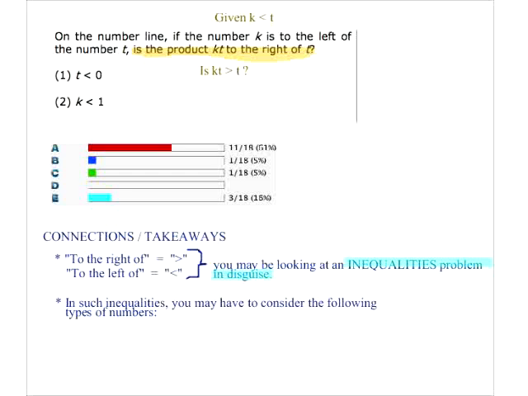Positive, negative, 0 pretty much all the time. 3 signs. Remember, there are not 2 signs, there are 3 signs. And you might have to think about fractions. Quote unquote fraction. I mean, any number can be a fraction, really. Like 18 could be a fraction if it's 18 over 1. But when we say fractions, we mean like between 0 and 1.